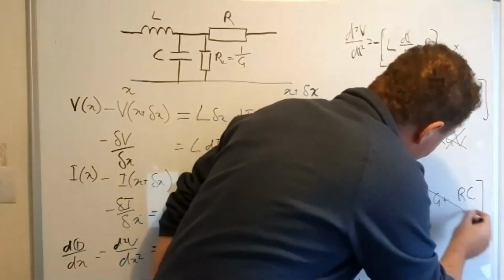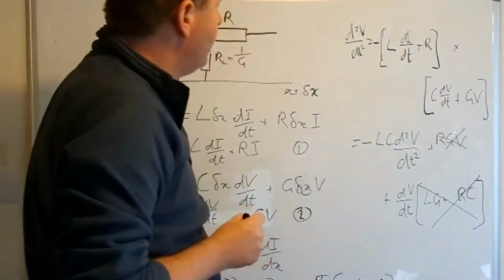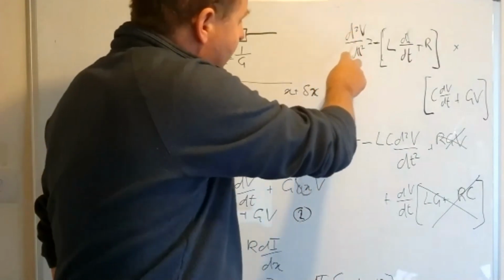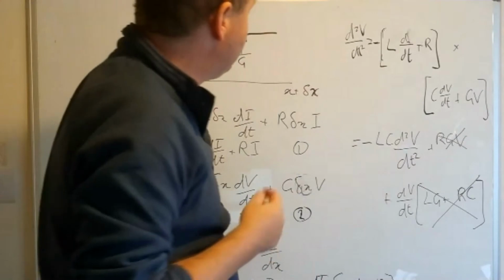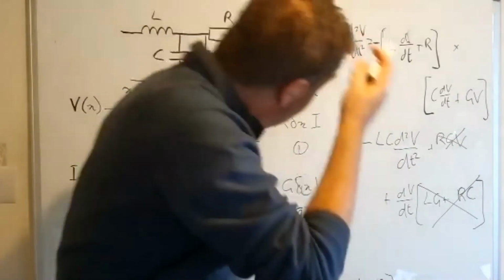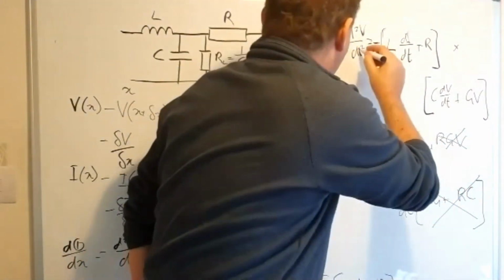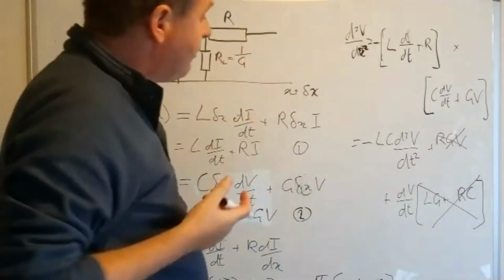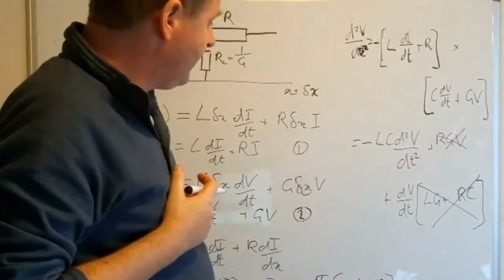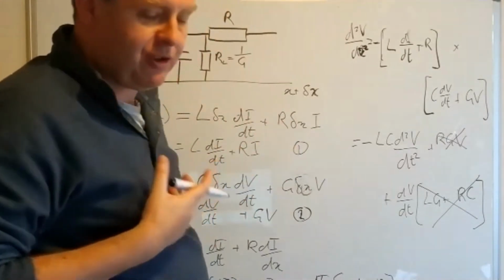We're also going to lose that term. And therefore what you end up with is d2V dx squared is minus LC d2V dt squared. Whoops, sorry. So that is actually describing a wave equation. So that's the sort of standard equation you'd expect to get for a wave.